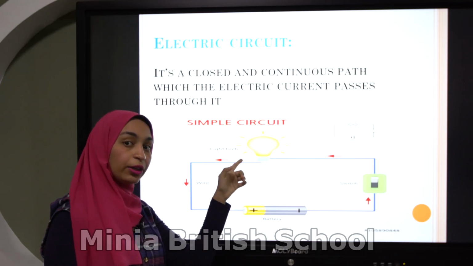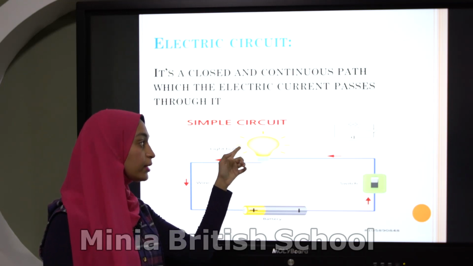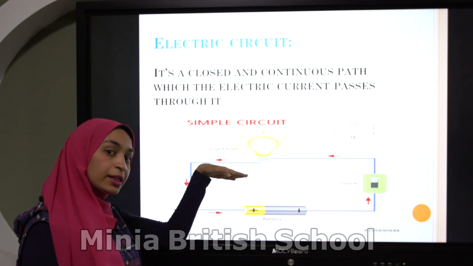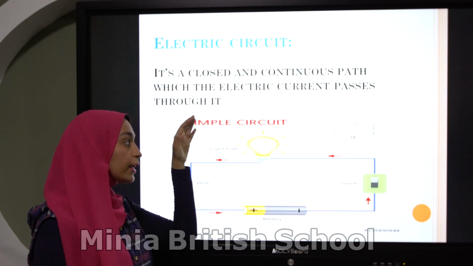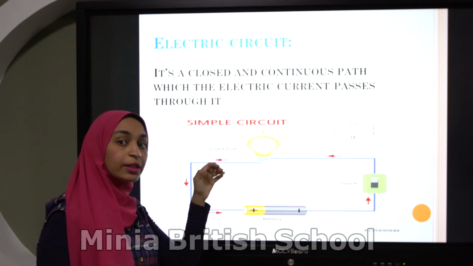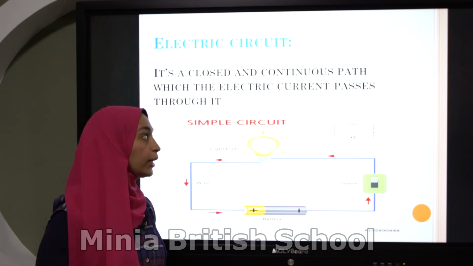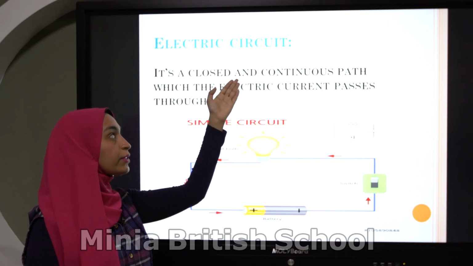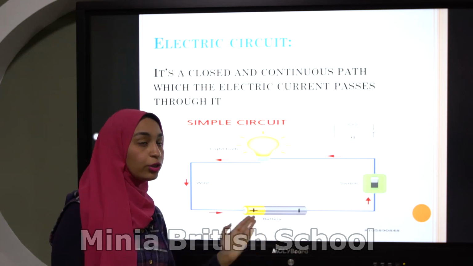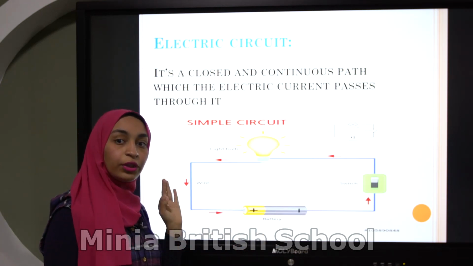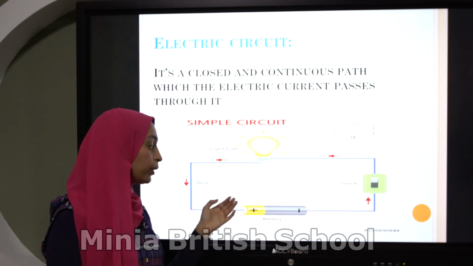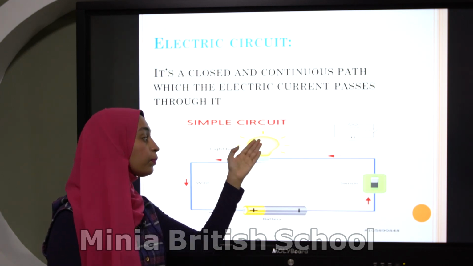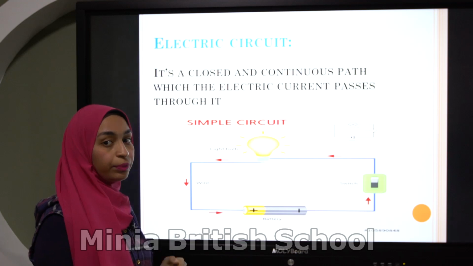And by using copper and lead wires inside the lamp, the electric current can pass from the base to the filament, and when it reaches the filament, the lamp will emit light. So we know now what is the meaning of the electric circuit and what is the structure of it. It consists of 3 main parts: battery, lamp or light bulb, whatever, and the wire.